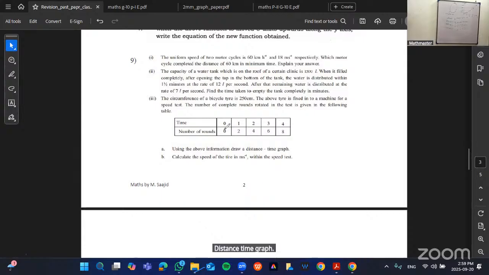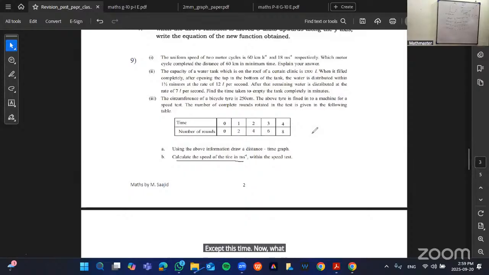B, you have to calculate the speed of the tire in meters per second within the speed test. Calculate the speed of the tire in meters per second, they say. So you can find the speed, right? How can speed be found? By this graph. On the y-axis you have distance, on the x-axis time.